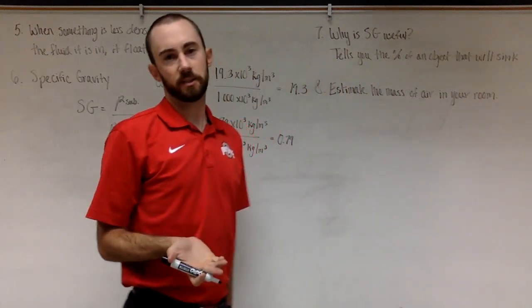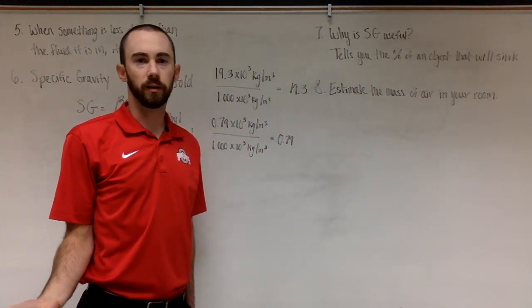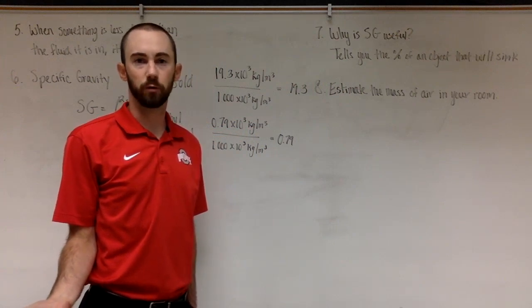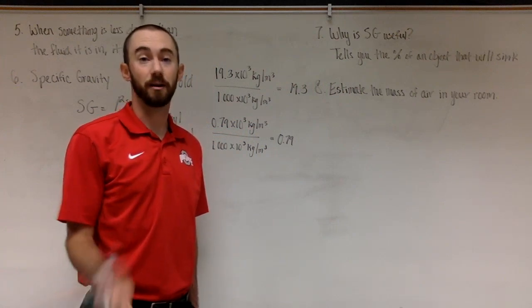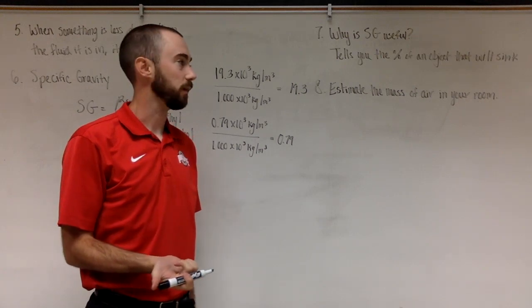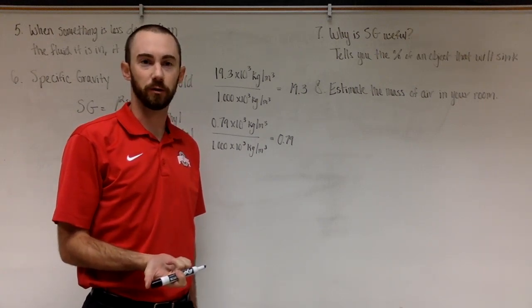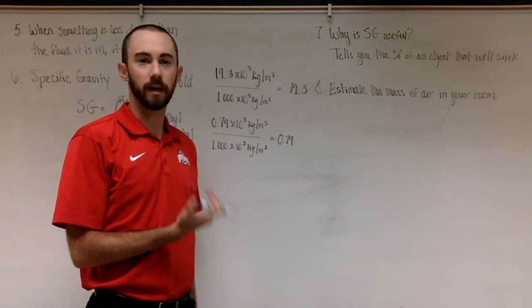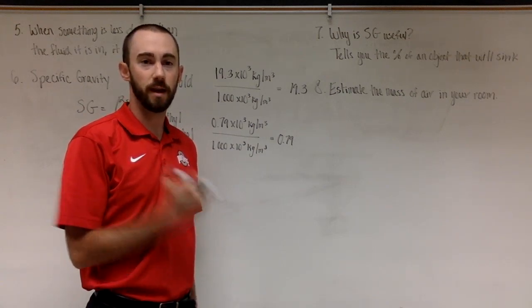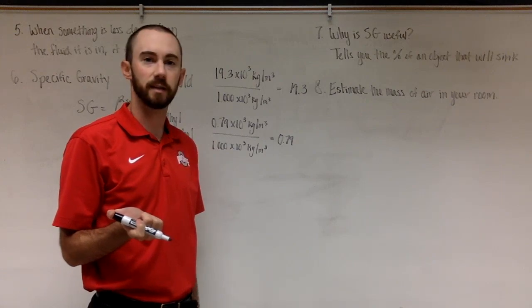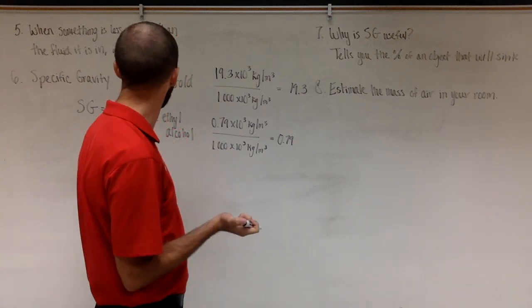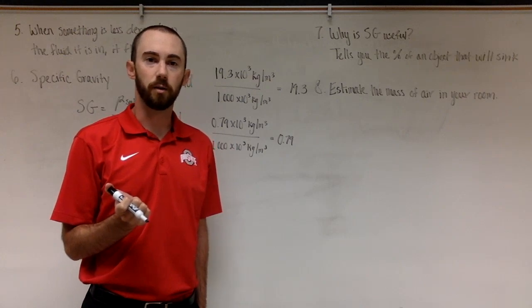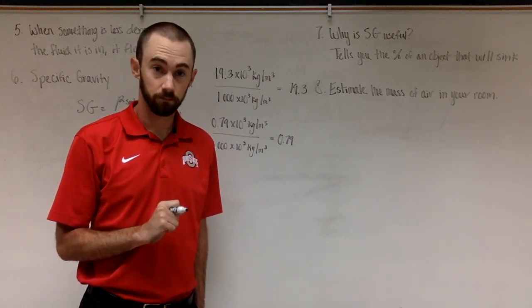You can use STP, because the density I've given you is higher than what it actually will be in your room, since it's colder than your room, unless you're sitting in a freezing room. So go ahead and pause the video and try to do the calculations. I will tell you you're going to need to use the density formula that you got early on in the notes, and once you're done, unpause, and the answer will be up on the board.